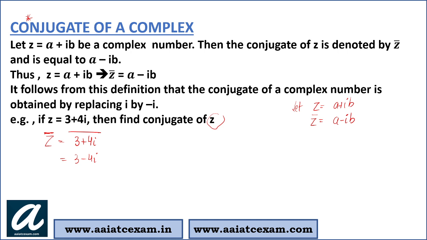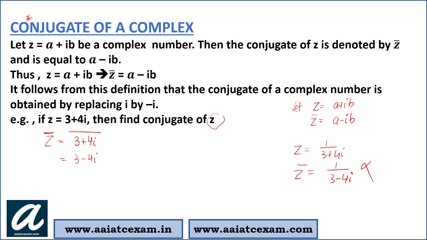The very first is that you can find the conjugate of a number only if that number is in the standard form. Consider the number is 1 upon 3 plus 4 iota, and the question is to calculate its complex conjugate. So you will not write z bar equal to 1 upon 3 minus 4 iota. If you write it like this, your answer is wrong.